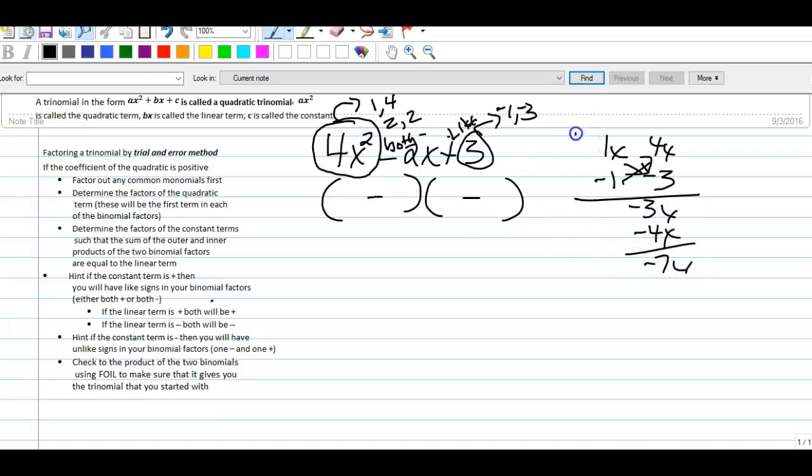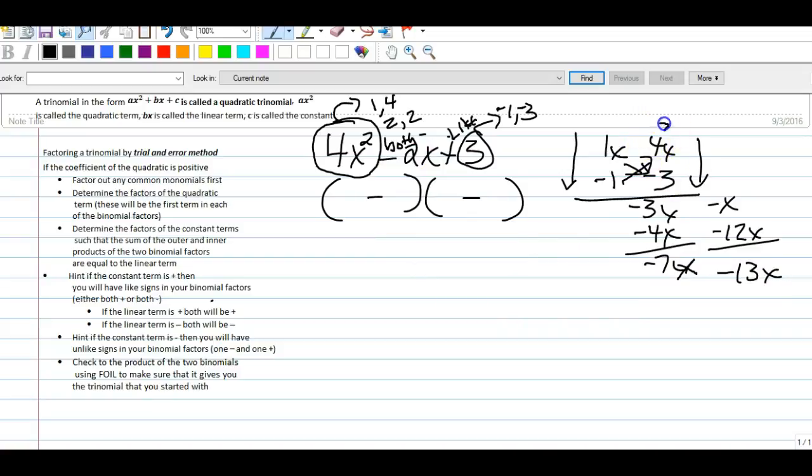Now we also need to look at this pair of combinations as well. 1x times minus 1 is a minus x, and 4x times a minus 3 is a minus 12x, and that gives me a minus 13x. So I get a minus 7x here, and I get a minus 13x here. I'm looking for minus 4x.